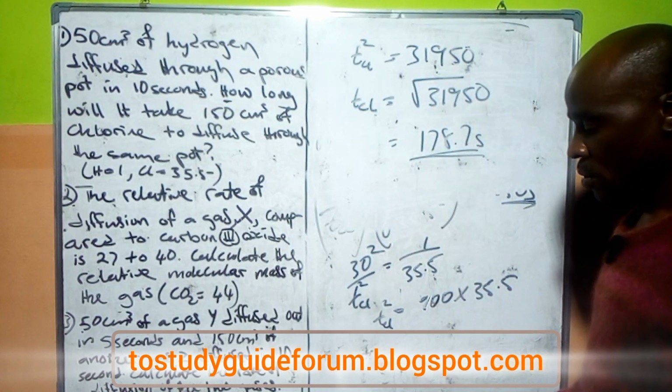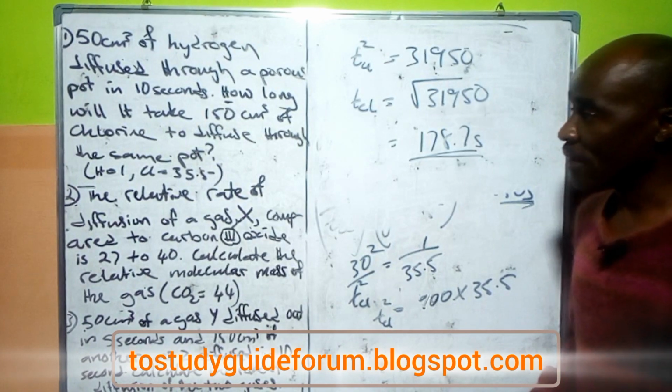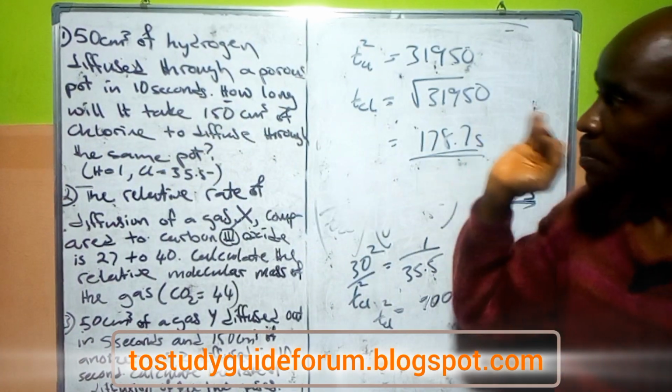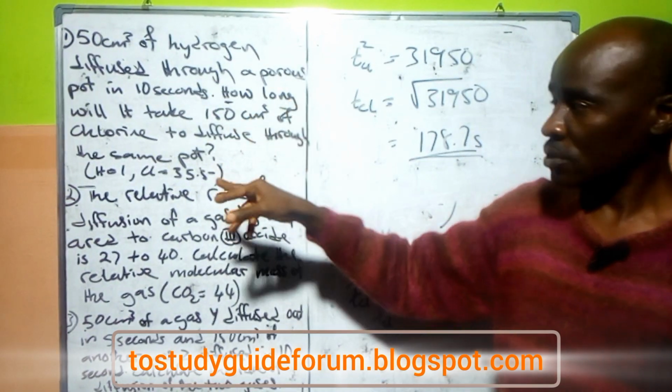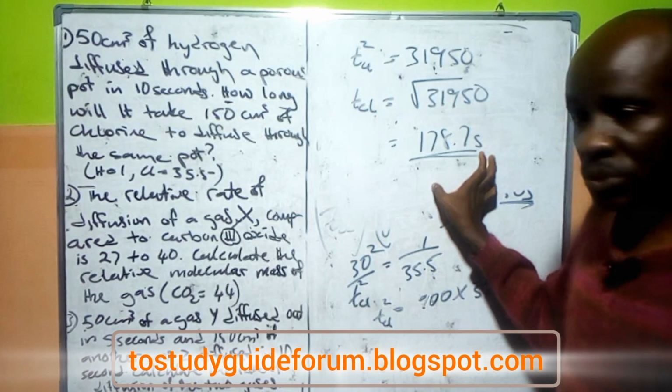That is what we have. So this is the time of diffusion of this chlorine from the same porous pot, that is 150 cm cube of the chlorine will diffuse through that. So that's what we have here.